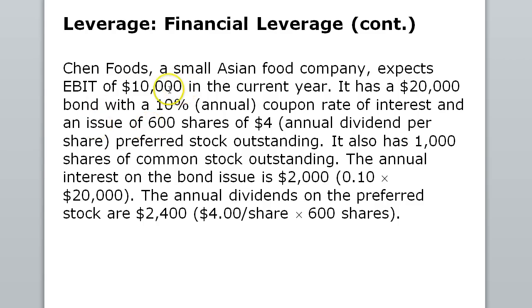They expect an EBIT of $10,000 the current year, and it has a $20,000 bond at a 10% annual coupon rate of interest and 600 shares of preferred stock at a $4 dividend. It also has 10,000 shares of common stock outstanding. The annual interest on the bond is $2,000, and the annual dividends on the preferred stock are $2,400.